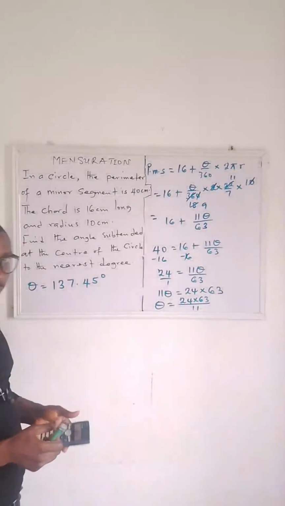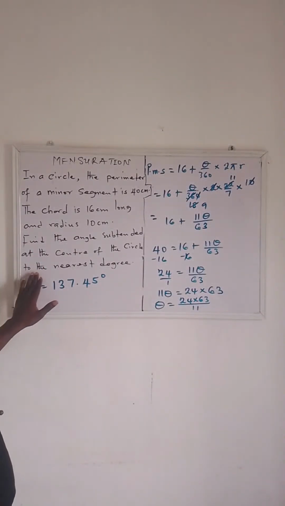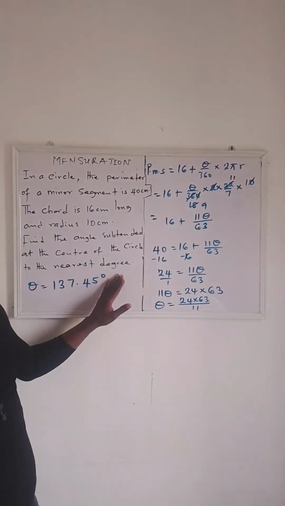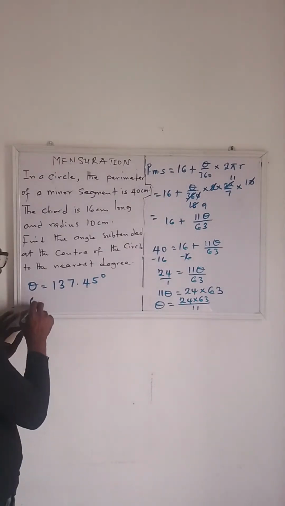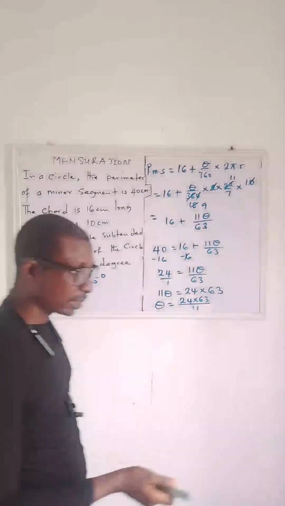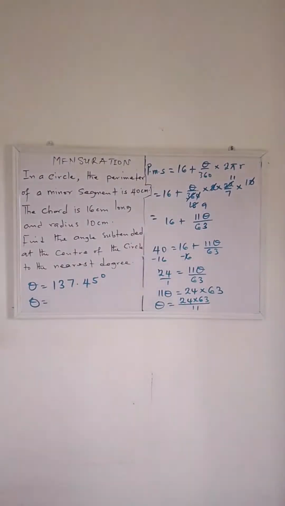So that's what you have. Okay, so now the question asks you to convert your answer to the nearest degree. So the nearest degree means to the nearest whole number. So what's going to be the nearest degree to this? What's going to be the final answer? Please drop your answer in the comment section. So what's your answer? Okay, anyone?